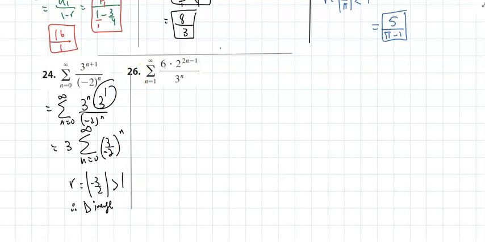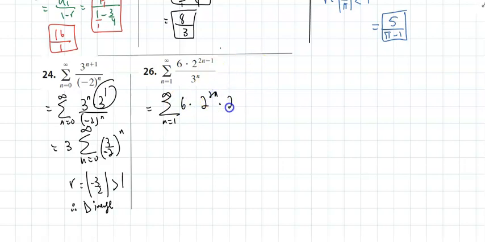And I'm going to look at 26 next. Let me move that just to make it look nicer. Here we go. And the same deal. I need to use some algebraic manipulation to really get r out of this. That's 6 times 2 to the n, 2 to the 2n, times 2 to the negative 1 over 3 to the n.